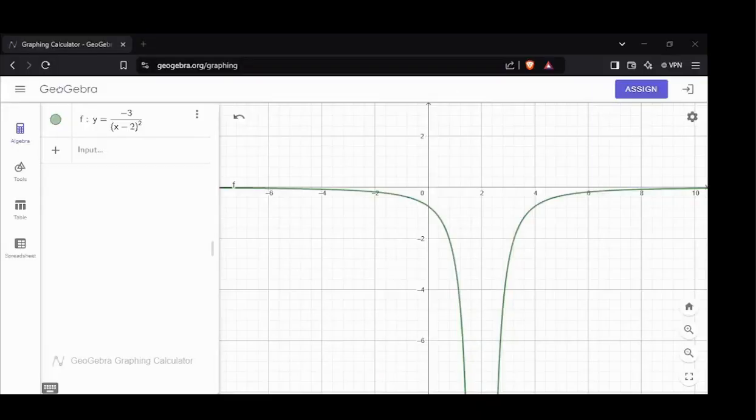Notice that our function is always below the x-axis, meaning f prime of x is less than 0 for all of our x values except at that asymptote where the x value equals 2.